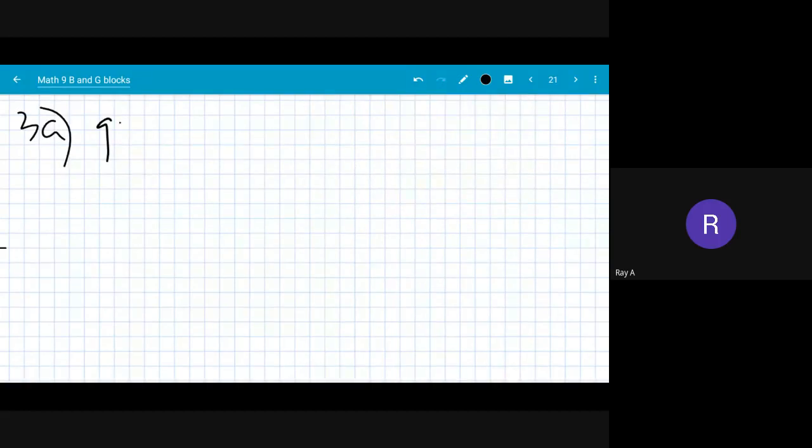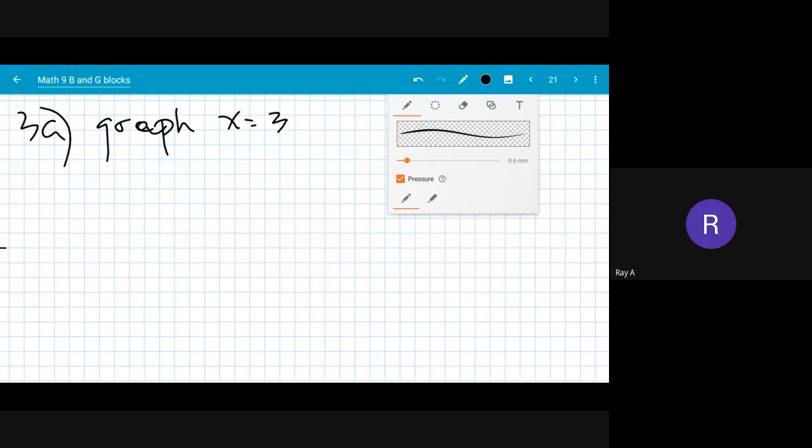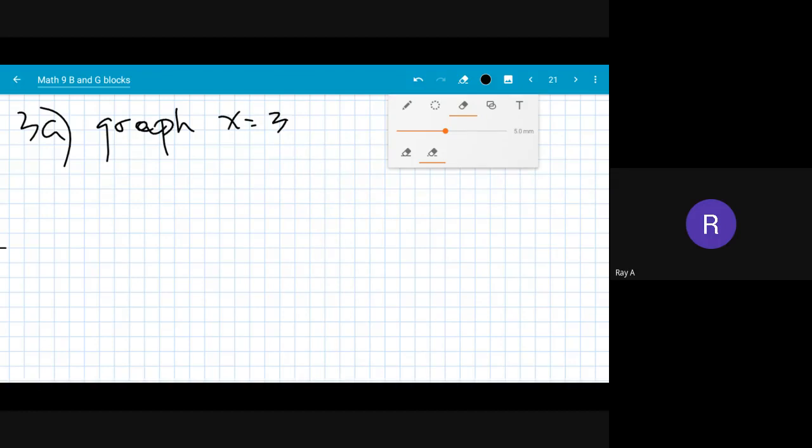You will graph x equals 3. The equation is x equals 3. So how does that look like? So guys, whenever it's just an x, there is no y. Okay, this is what you are going to do.